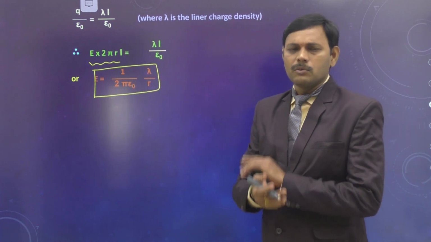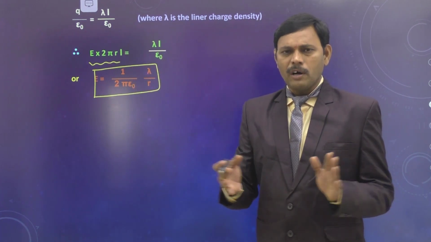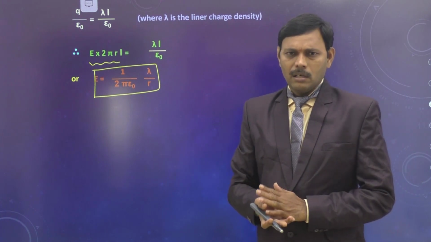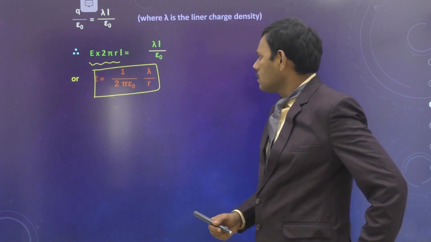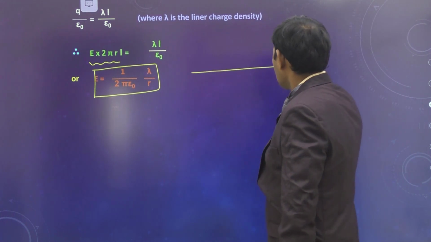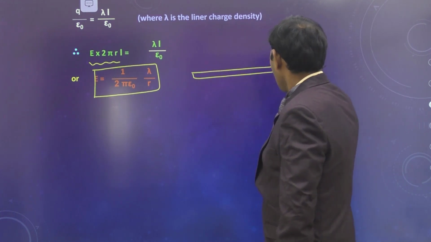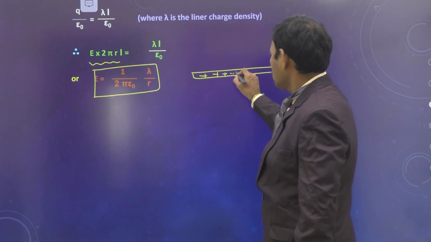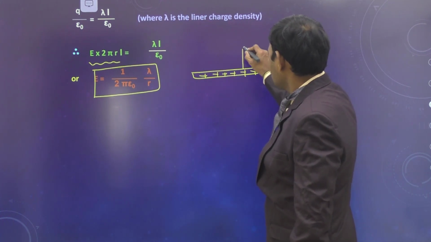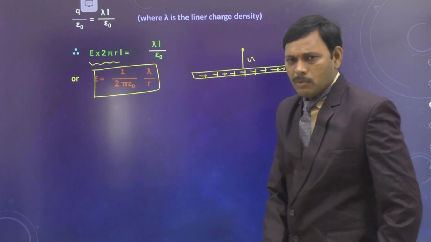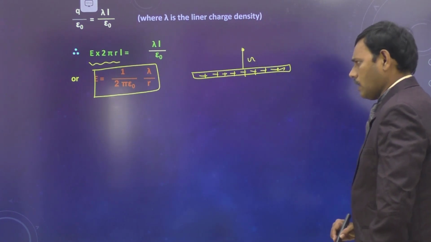Electric field due to a very long uniformly charged wire having linear charge density, charge per unit length, lambda. If you have a charged wire like this having uniform charge density lambda, at a distance r from it the electric field is given by lambda by 2 pi epsilon naught r.